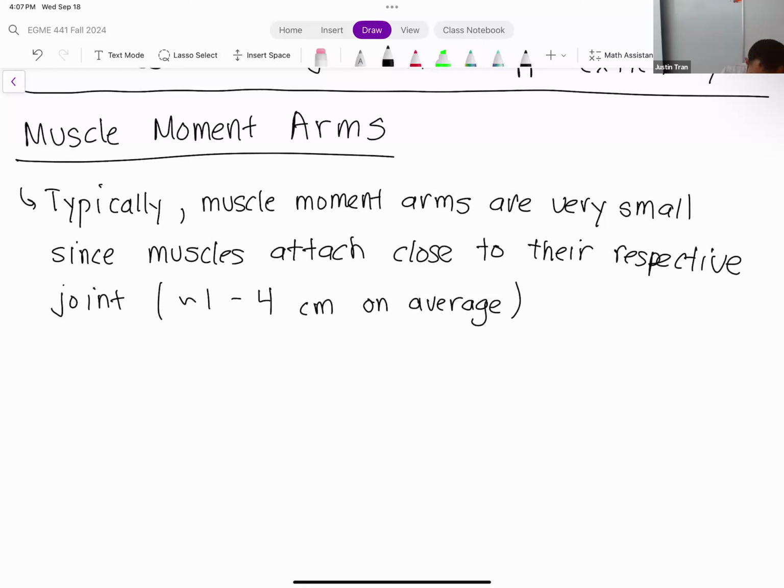And so because of this, muscles have to exert pretty high forces in order to support typical limb movement or to support any kind of external loads.